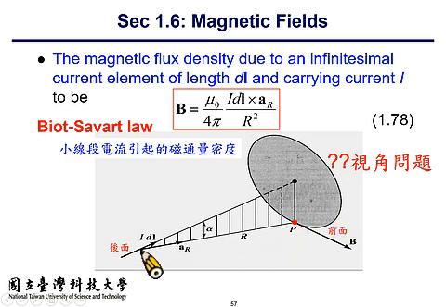So you have a distance R, and the unit vector from dL to P is here, the aR. And using this equation, the Biot-Savart law, you should be able to find the magnetic flux density pointing this way. Can you do that? Do you believe that? Try, okay.